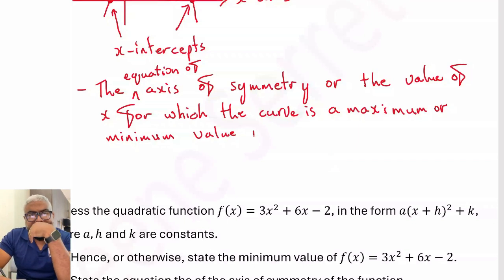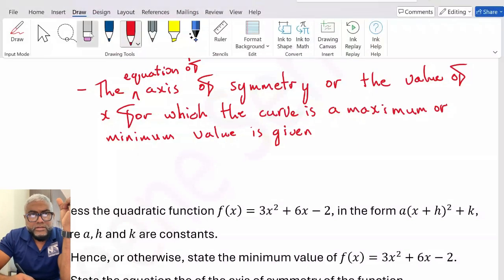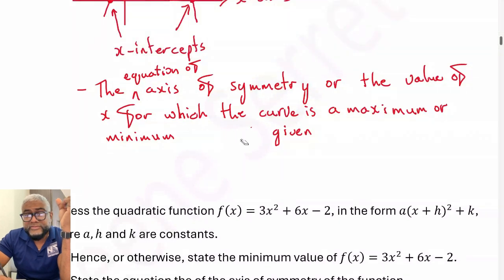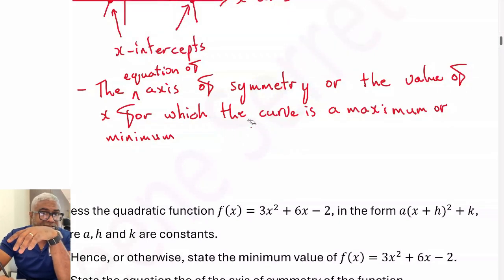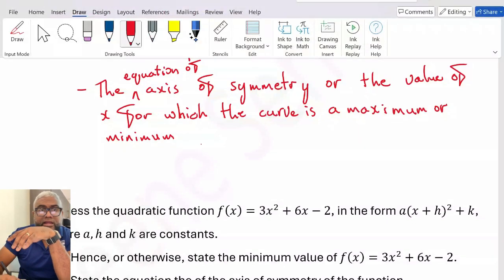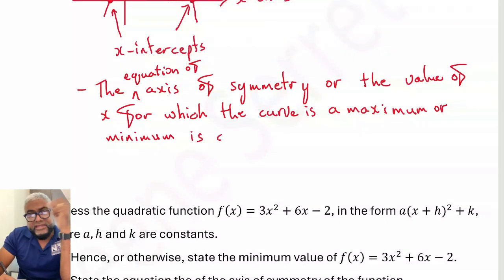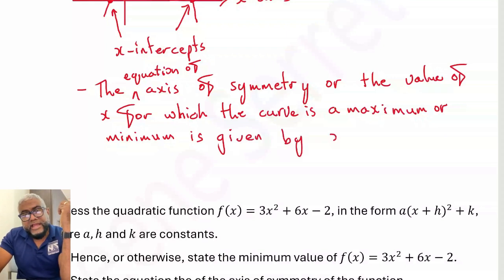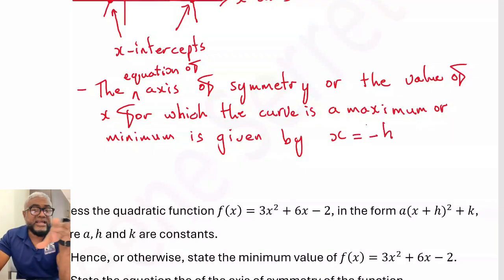All right, is given the equation of the axis of symmetry or the value of x for which the curve is a maximum or minimum. Put minimum value here, that's fine, guys. All right, a maximum or minimum is given by x equals negative h. So basically I have to calculate h.